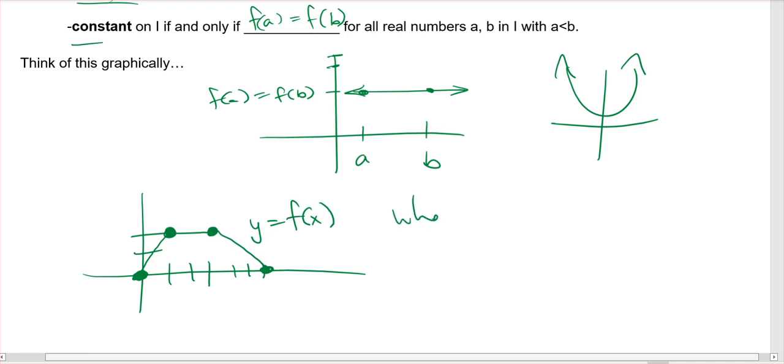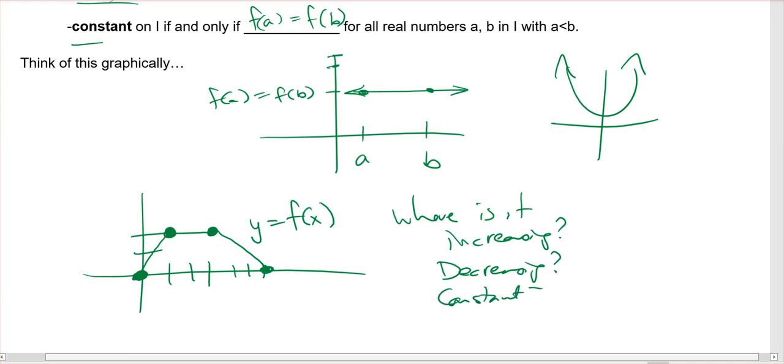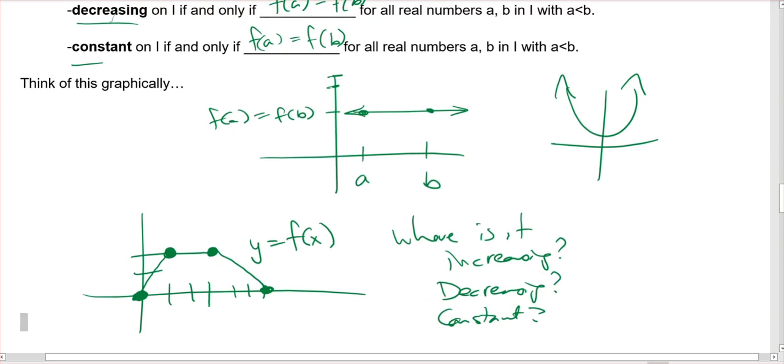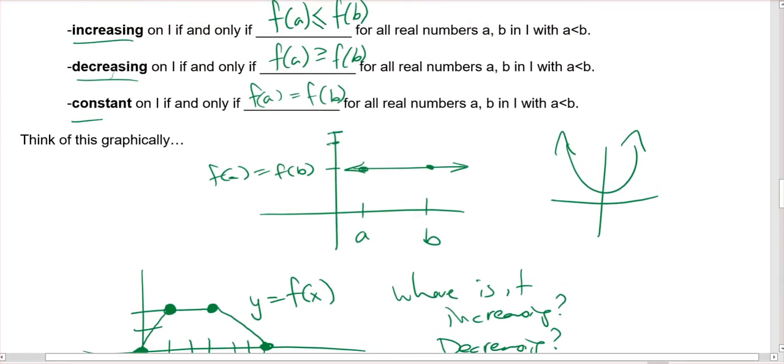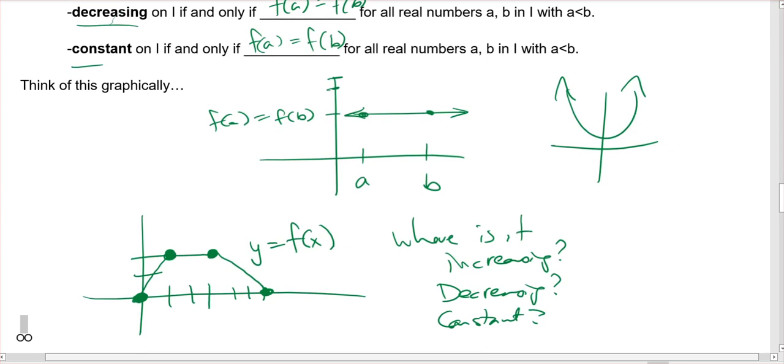And now we want to say, where is it increasing, decreasing, or constant? We can do these, right? So where is it increasing? I want to know all the x intervals for which the graph goes up. So we're moving left to right, and I want my function values to get bigger and bigger as we move through the interval. So we're looking for where the graph is going up from left to right.